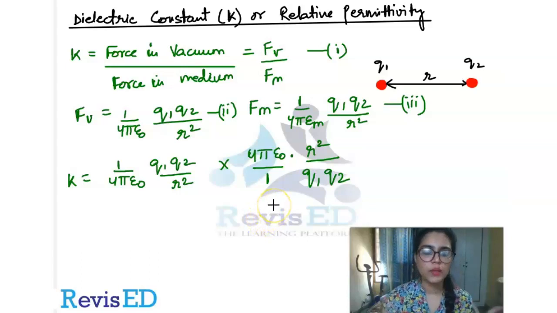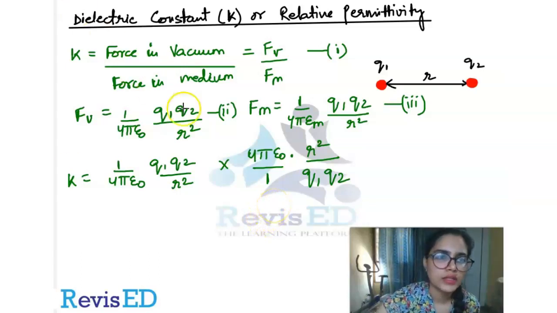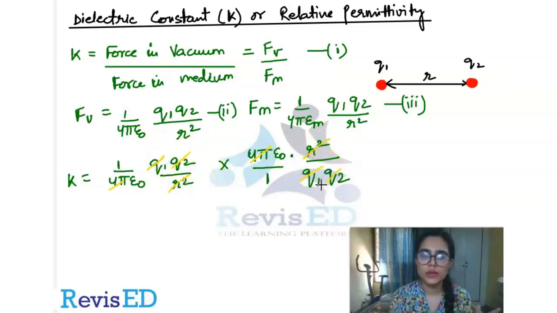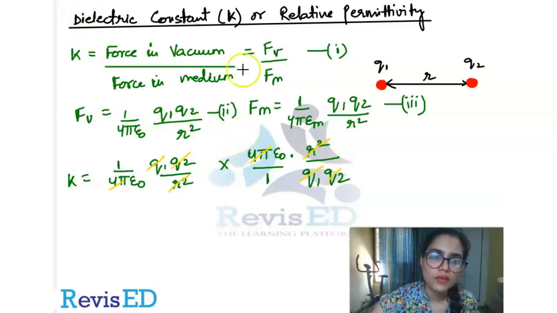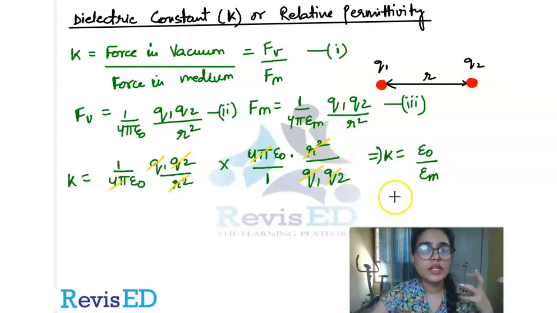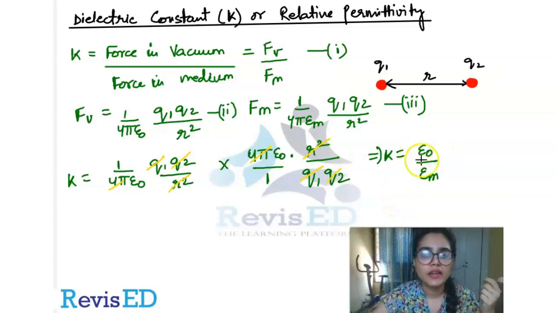Let's divide the common terms. The 4 pi terms get cancelled. The charges are the same and the distance is the same, so the distance and charges will be cancelled out. This implies that K is equal to epsilon naught by epsilon M, that is, the ratio of permittivity in vacuum to permittivity in a medium.